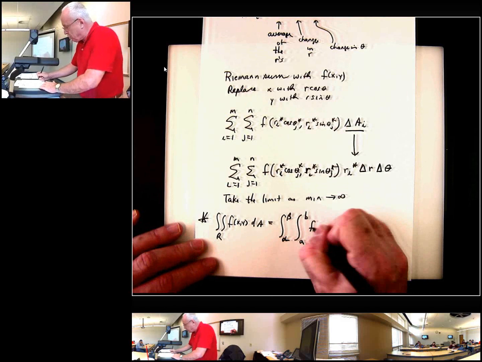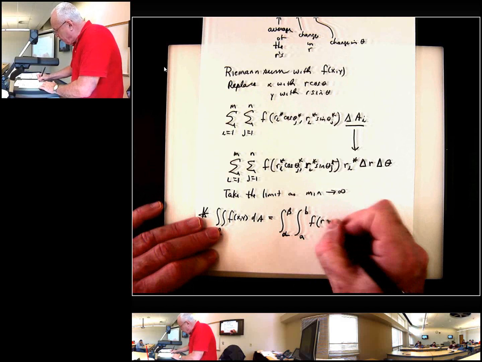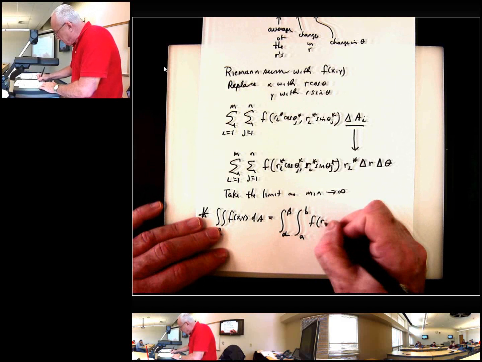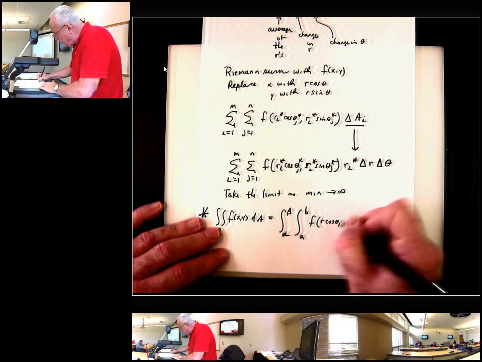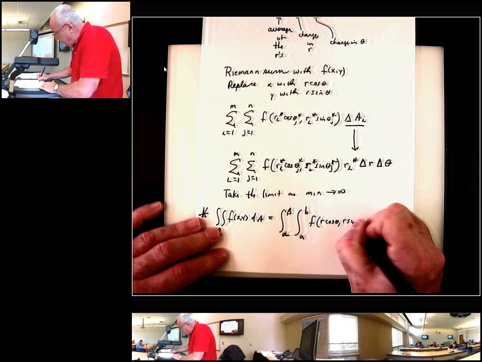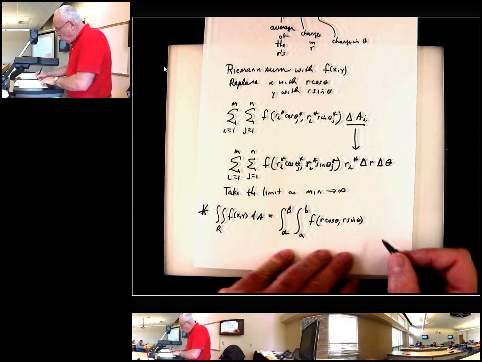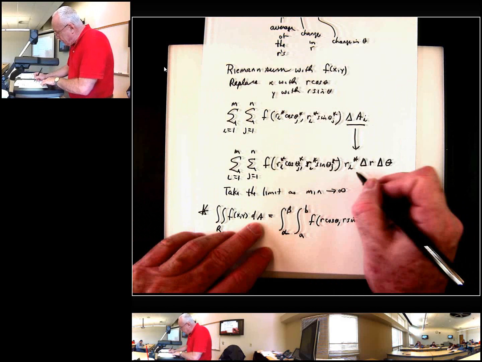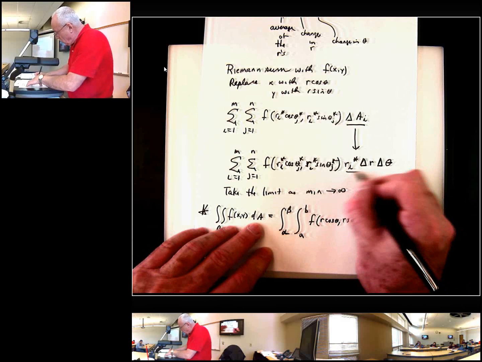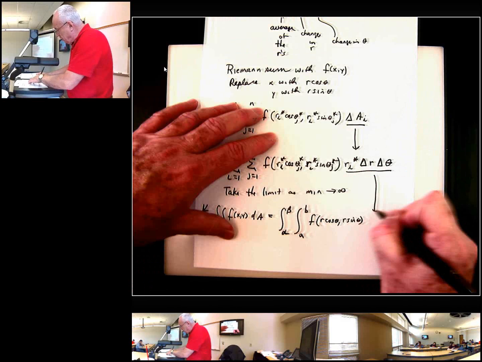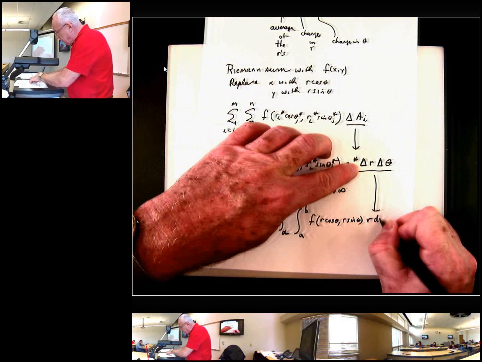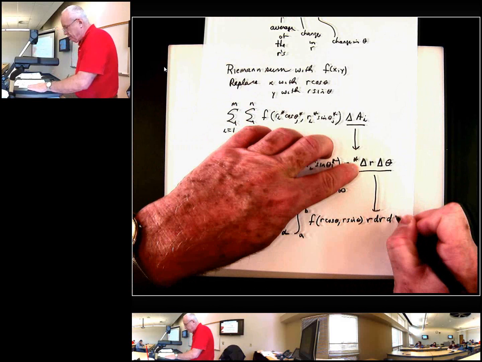We're going to put our function in terms of polar coordinates. So f is in terms of r cosine of theta, r sine of theta. And then we are going to replace dA with r dr d theta.